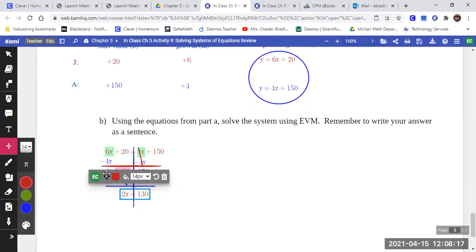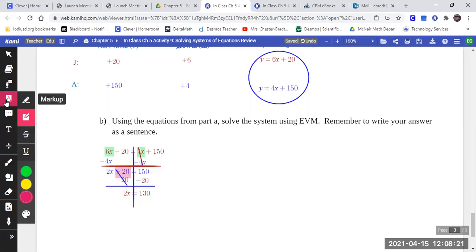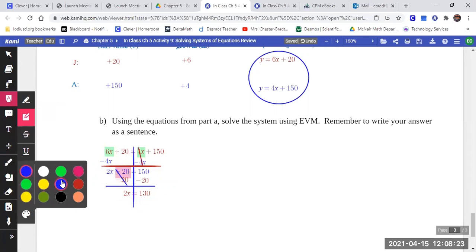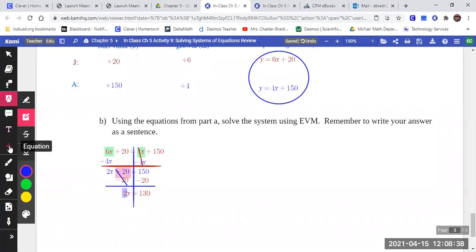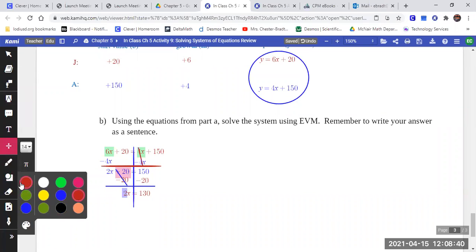Okay. Have we handled all of the adding and subtracting now? So now we have to get the letter completely alone by doing the big one. So we have to look at what number is with the letter. I see a 2. I need to undo the relationship.